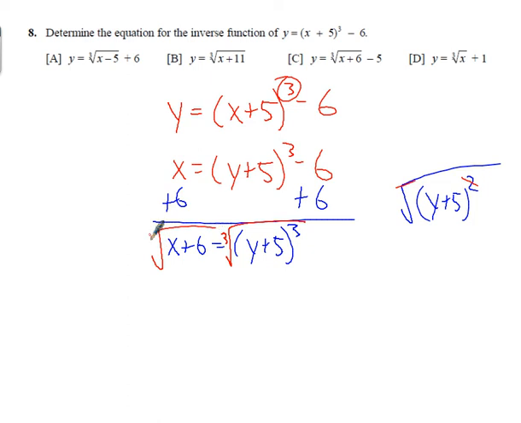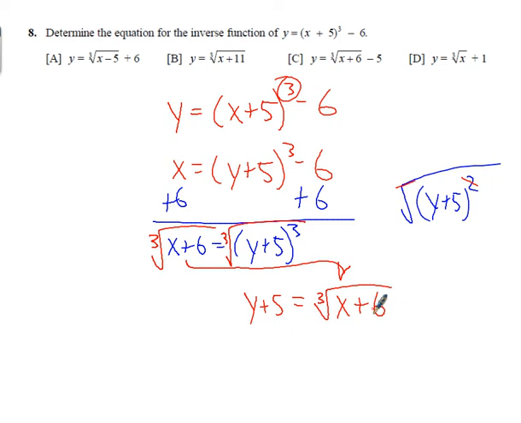And we have to cube root this side. That's going to cancel it out, and you'll probably get a lot more next year in math on that cube root. But it cancels it out, so we got y plus 5 is equal to, I'm going to swap the order over here, no particular reason, the cube root of x plus 6.